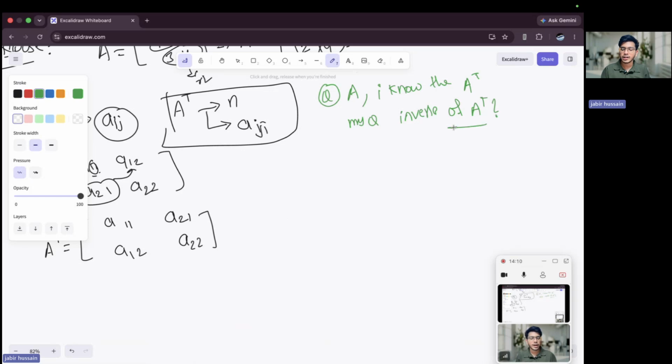How can I find the inverse of A transpose if I know A and its inverse? Let's talk about that.